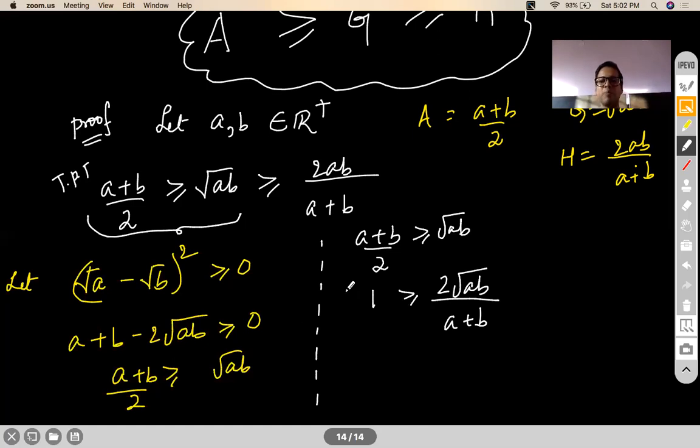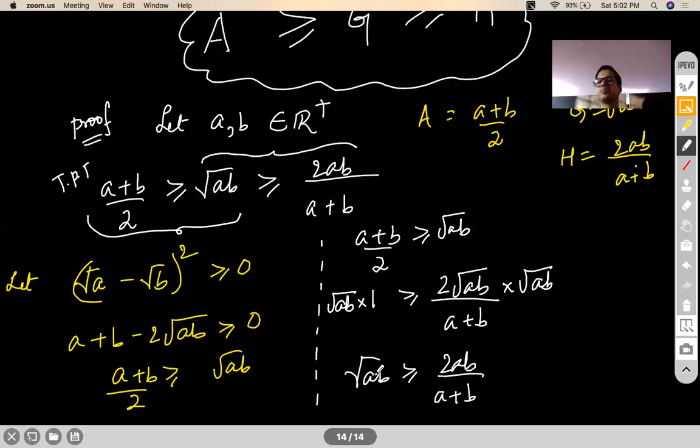Now multiply both sides with under root AB. This will give you under root AB greater than or equal to 2AB by A plus B. This proves this part of the required inequality. So GM is greater than or equal to HM.